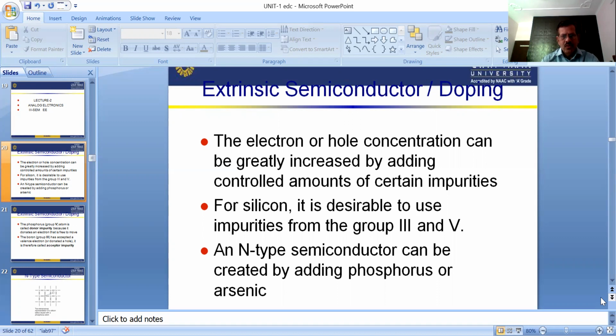If we want to make an N-type semiconductor, we should add phosphorus or arsenic impurities into the silicon semiconductor. After doping, this material will be an N-type semiconductor, or we can also dope pentavalent impurities into the silicon.